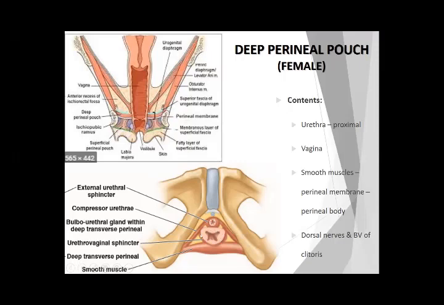And then don't forget one thing, that here there is no well defined deep transverse perineal muscle. There is a bundle of smooth muscles that inserts into the perineal body. This is the perineal body over here. Yes, there is a bunch of muscles, but traditionally, classically, it is not called deep transverse perineum.